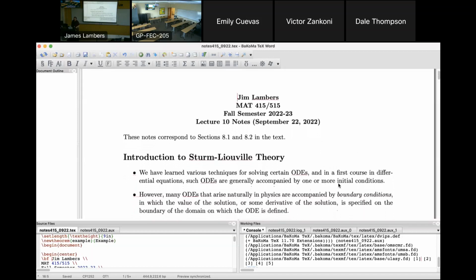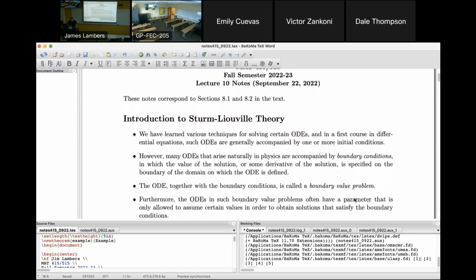So you're solving an ODE on some interval, usually a bounded interval like -1 to 1, or it could be a semi-infinite interval like 0 to infinity. And at each finite endpoint of your domain, you would impose some boundary condition that maybe your solution is equal to some value at that point, or maybe its derivative is.